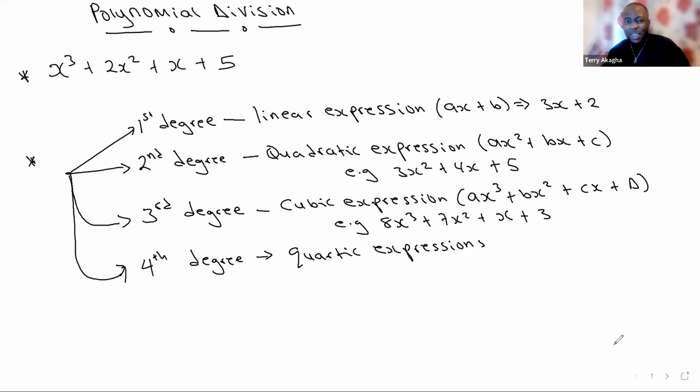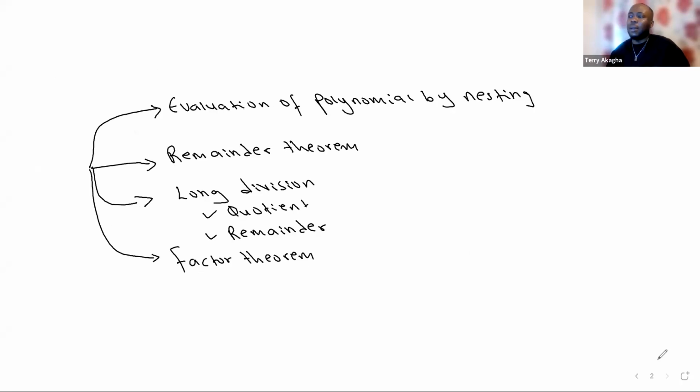A linear expression is also a polynomial, but to the first degree. Quadratic expression is to the second, cubic to the third, and quartic to the fourth. I'm going to talk about how to evaluate polynomials by nesting, then the remainder theorem, the long division, the quotient and remainder, and also the factor theorem.